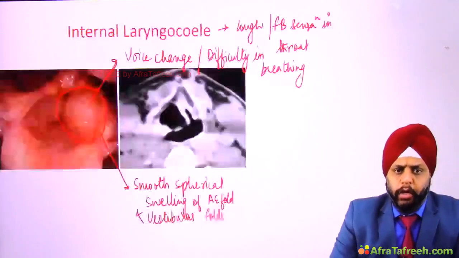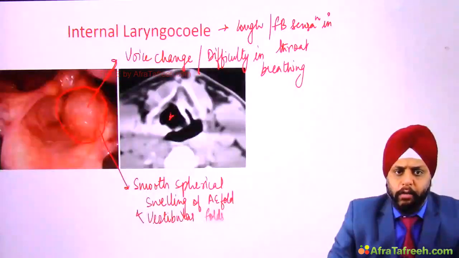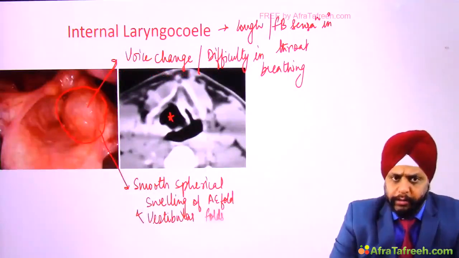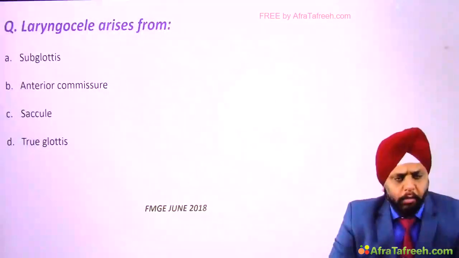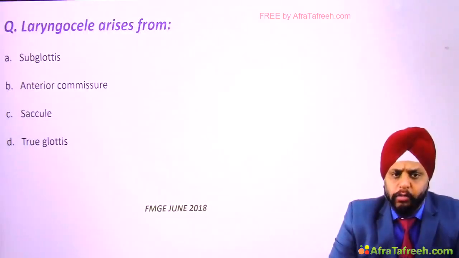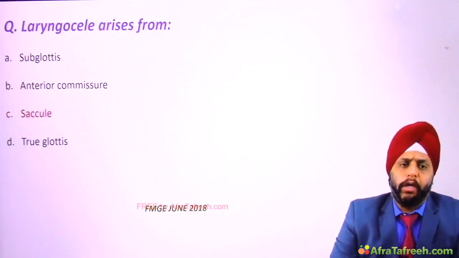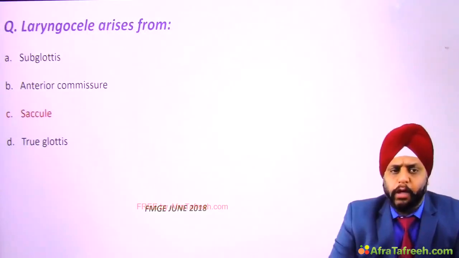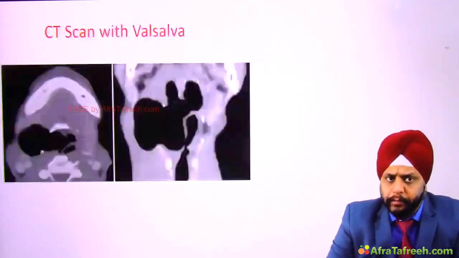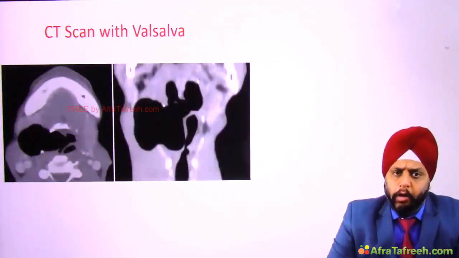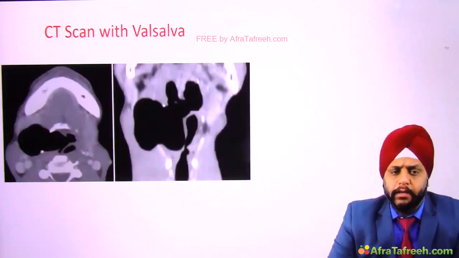So you look over here, this is the CT scan, you can see the big internal laryngocele, right? Now a question asked in the June 2018 exam: laryngocele arises from, we know the answer is saccule, the anterior most part of the ventricle of the larynx.